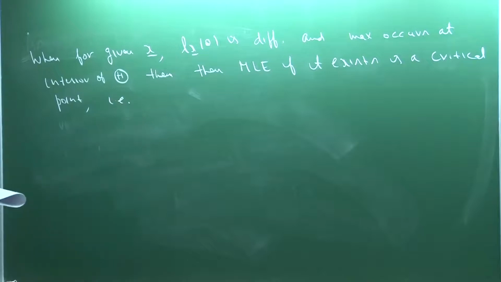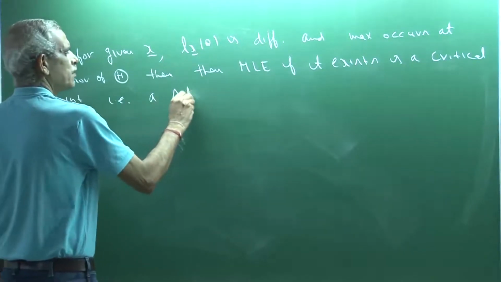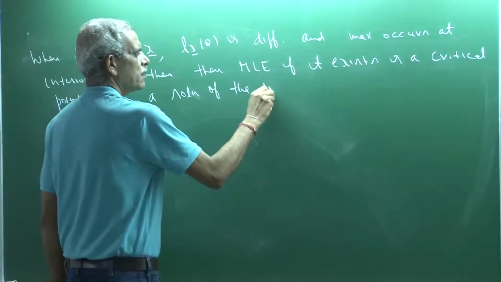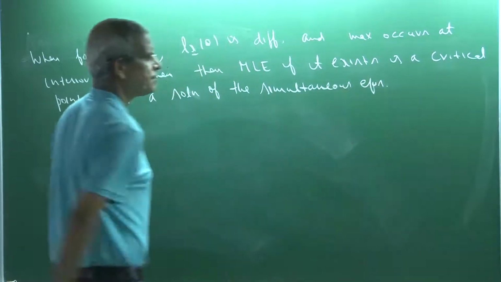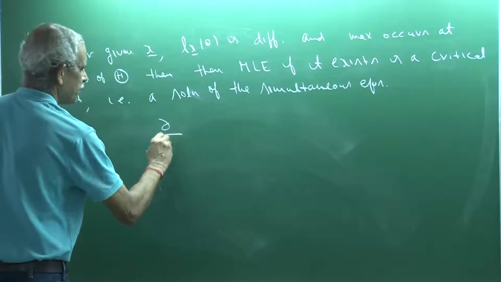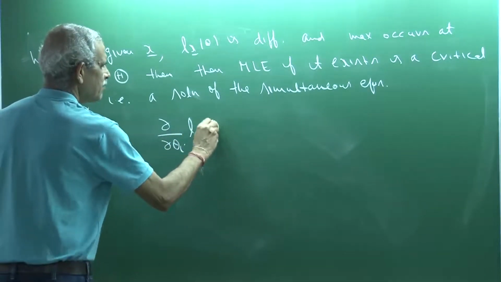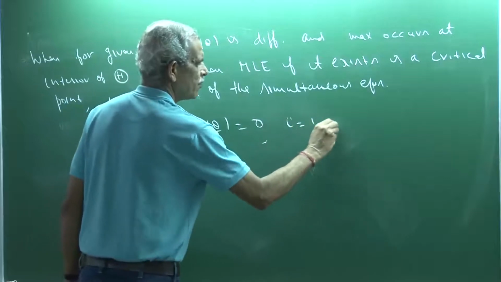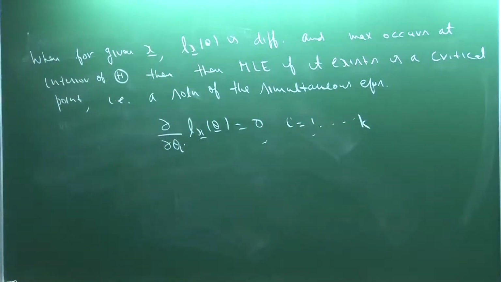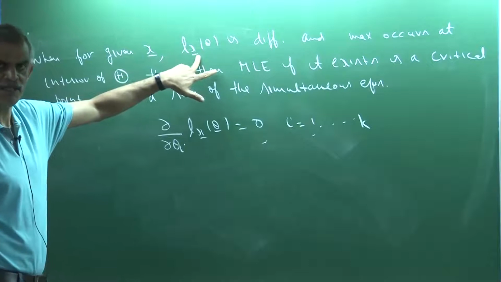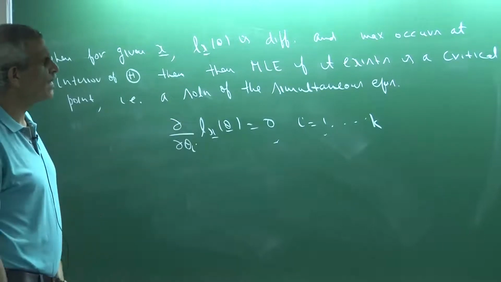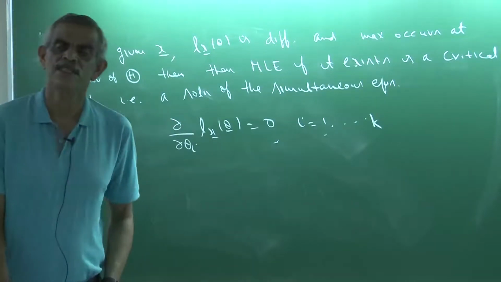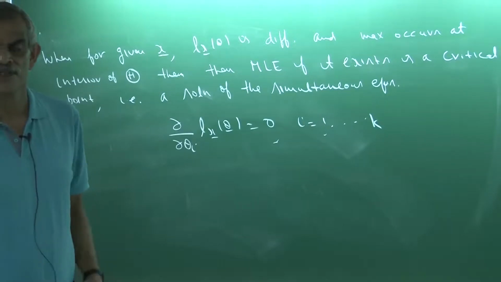That is, a solution of the simultaneous equations: partial derivative with respect to theta i of l(x, theta) is equal to 0 for i equal to 1 up to k. So the maximum likelihood estimator has to be a solution of this under quite general conditions, especially when l(x, theta) is differentiable for every theta in the parameter space, and you are assured that the maximum always occurs in the interior of theta, not on the boundaries.